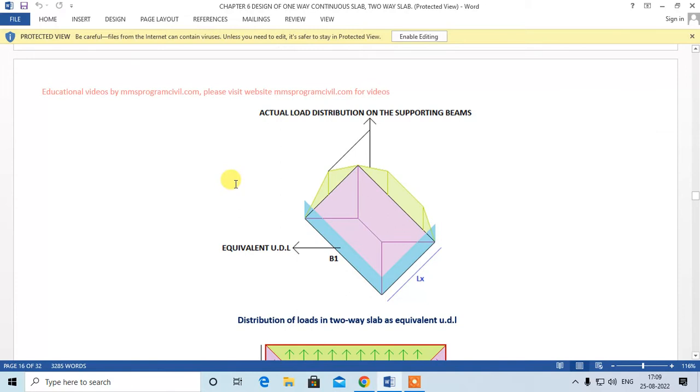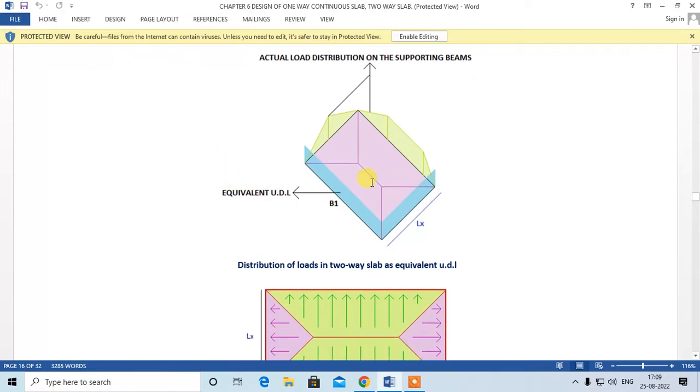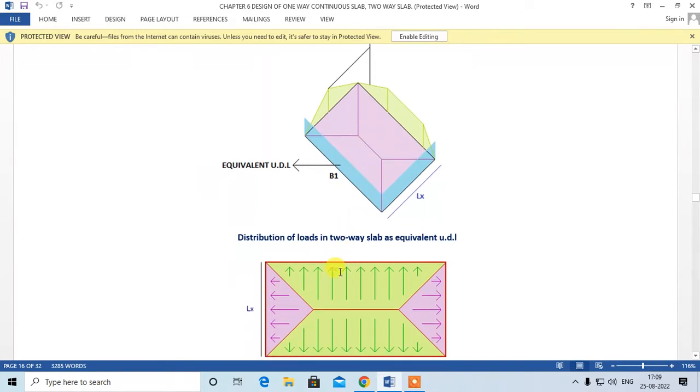So this is a very important assumption, that the supports of the slab on all four sides should be very rigid, either a beam or a wall. Only then is this load distribution valid. We can see over here that this portion will transfer the load to this shorter beam.